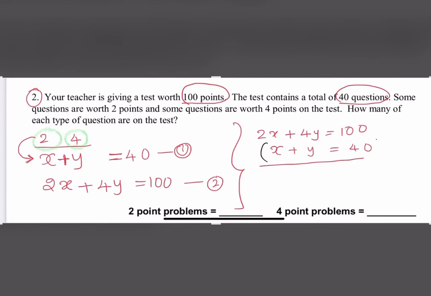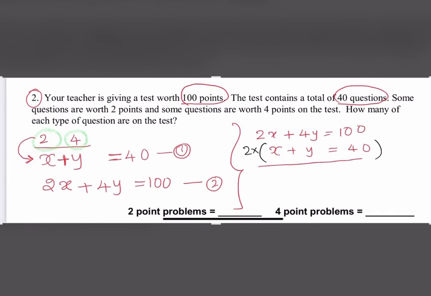I will multiply the second equation by 2. You know the reason why I am multiplying, okay? I'll get the new equation as 2x plus 4y equals 100 and 2x plus 2y equals 80, because I'm multiplying by 2, right?